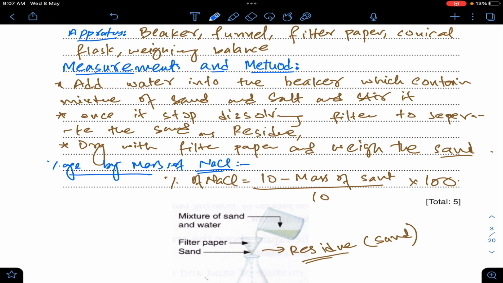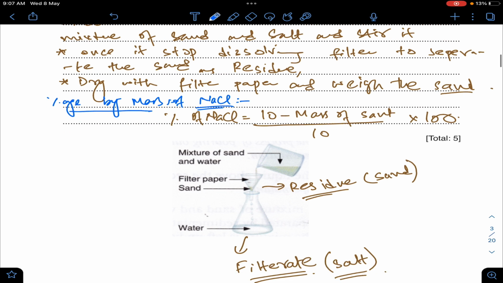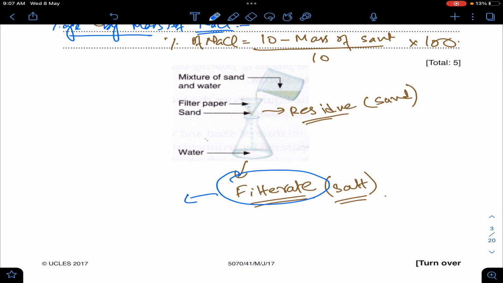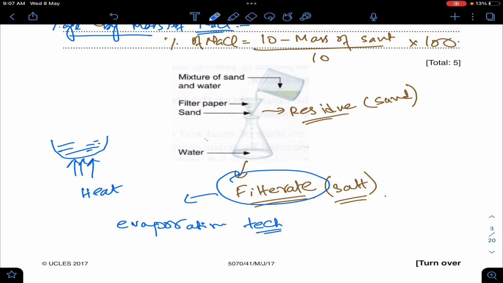And here you can do another technique as well. After filtration, because you want to find out the percentage of sodium chloride, there is an alternative way: the filtrate you'll get here, you can do the evaporation technique. Take the filtrate into an evaporating dish and heat to evaporate water.